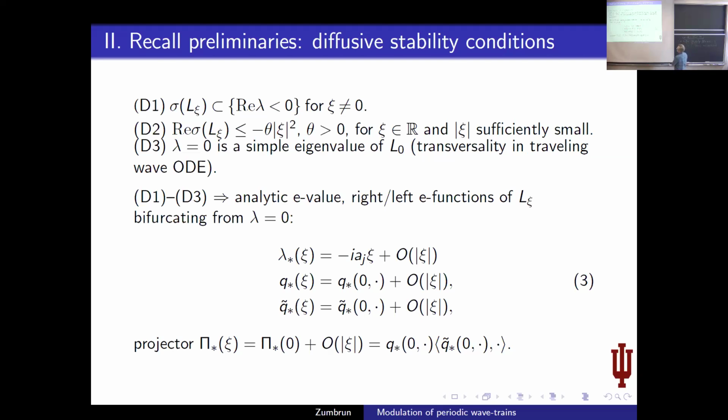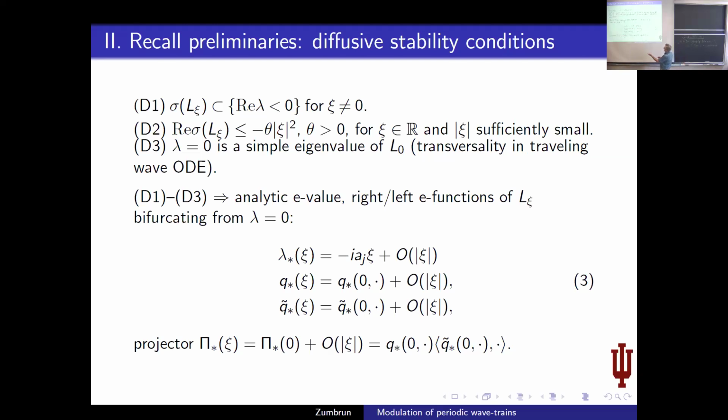But in fact, we know more. It has a negative C squared times something. And then the eigenvector, right and left. So the right eigenfunction is Q star at C equals 0. That is the derivative of the traveling wave. Q tilde we don't know, but it turns out we're not going to care too much.